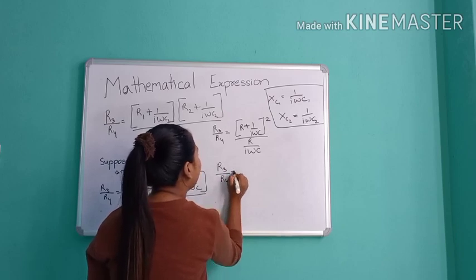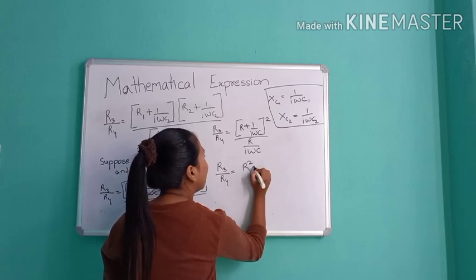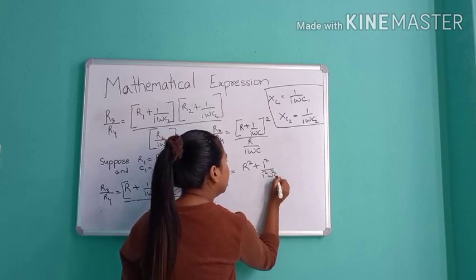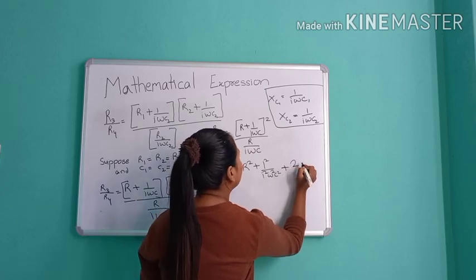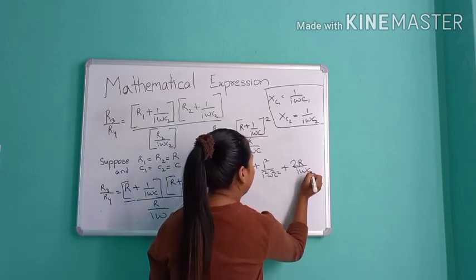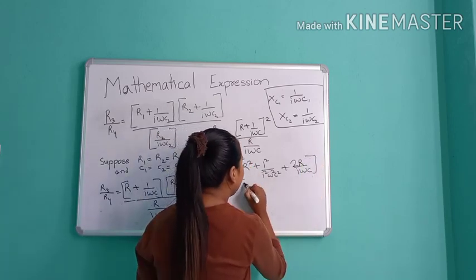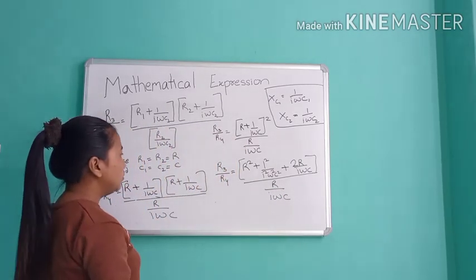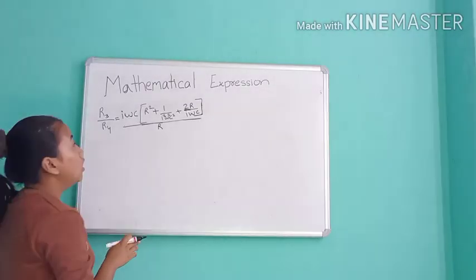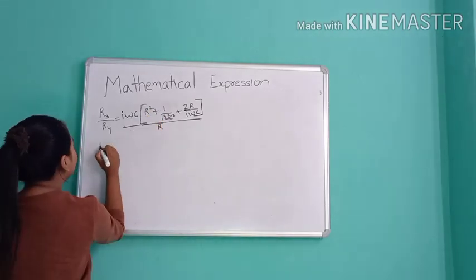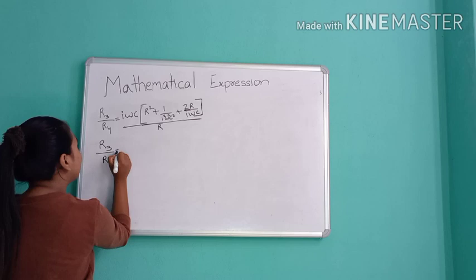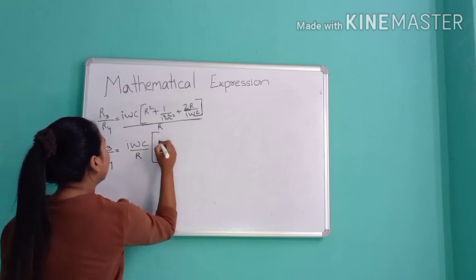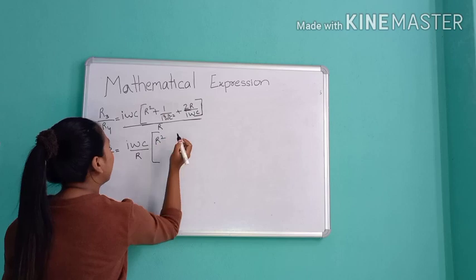R3 by R4 equals A square plus B square plus 2AB, by R plus omega C. Now we will multiply this term with this term, then it will form R3 by R4 equals iota omega C by R square.